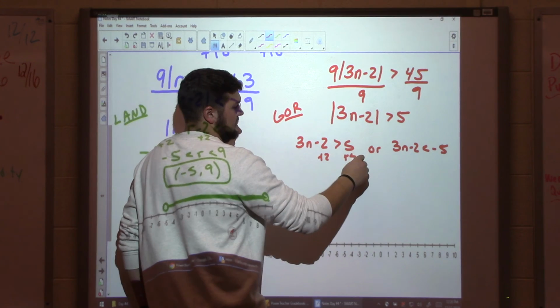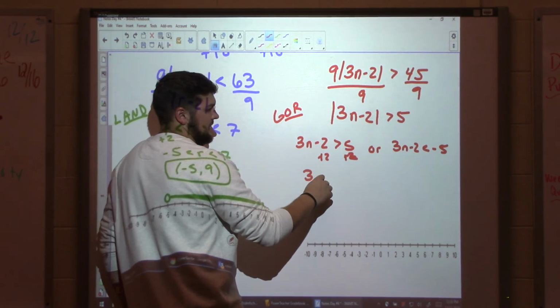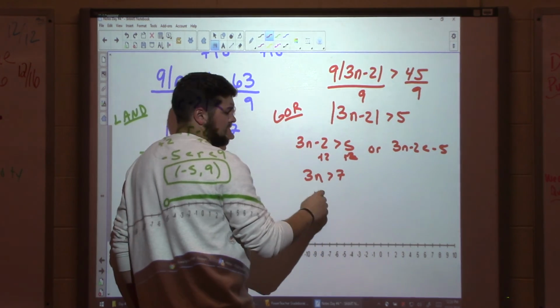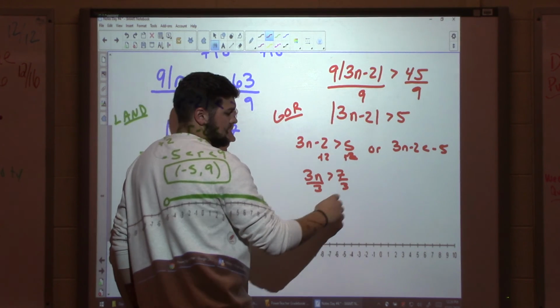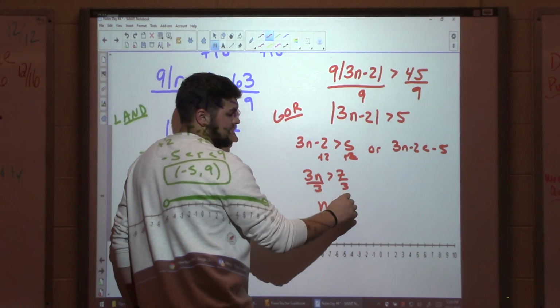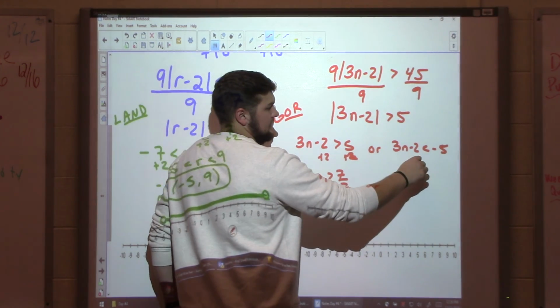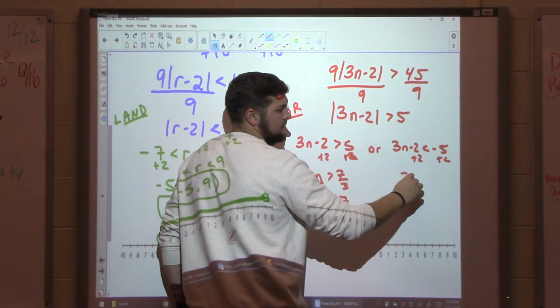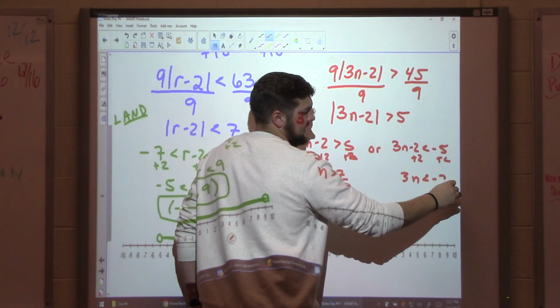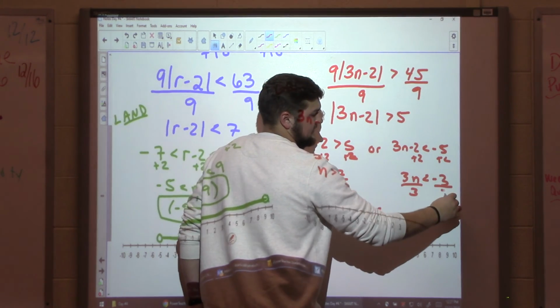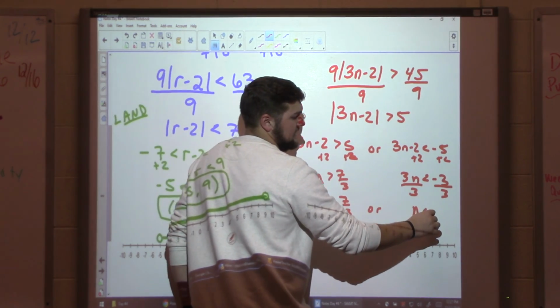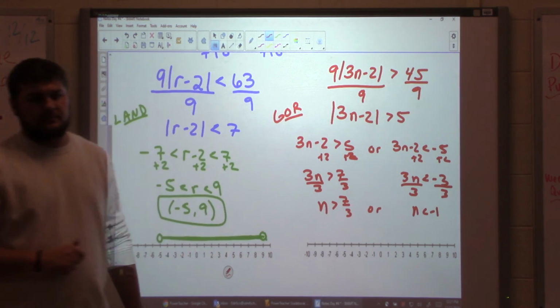Plus 2. 3n is greater than 7, divide by 3. n is greater than 7/3. Or, add 2, 3n less than negative 3, divide by 3, I get n is less than negative 1.